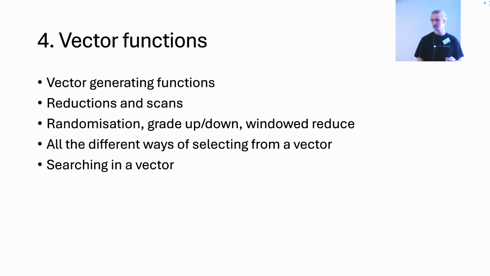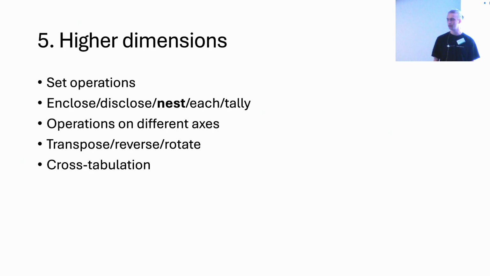Then reductions and scans, all the different useful and useless reduction and scan operations, as well as grading up and down, manipulating vectors, and selecting from a vector. Now, I'm still not fully sure about this chapter because we only cover the one-dimensional case. All of these operations, all the searching, is on 1D vectors. Operations on multidimensional arrays are saved for chapter 5, called higher dimensions.